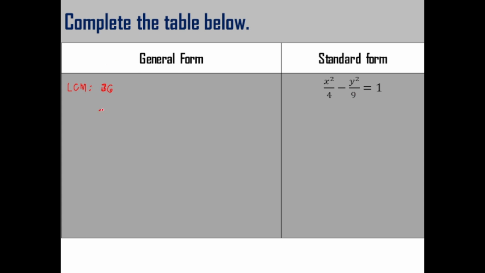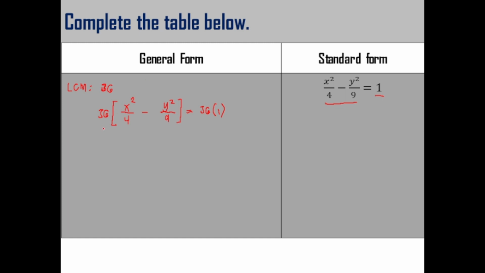So, this becomes 36 times (x squared over 4 minus y squared over 9) equal to 36 times 1. What I did is multiply both the left side and the right side.